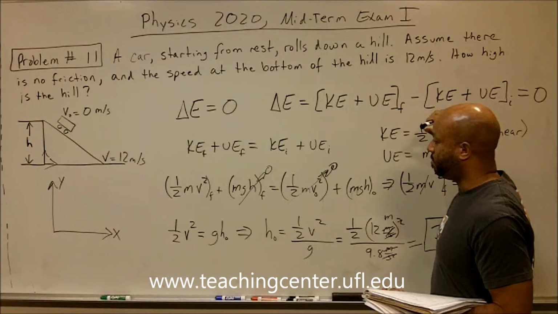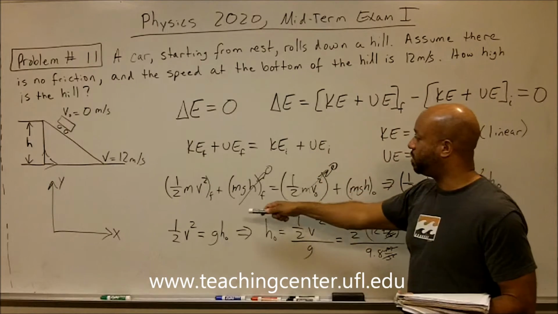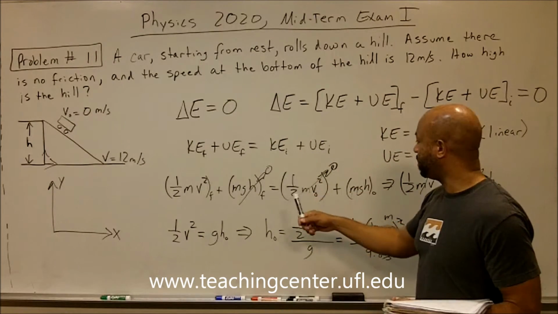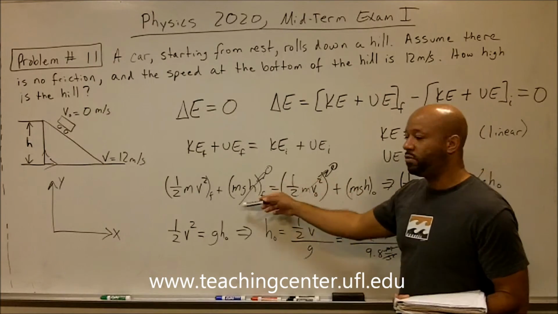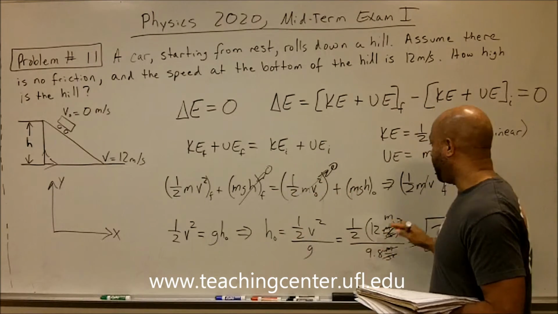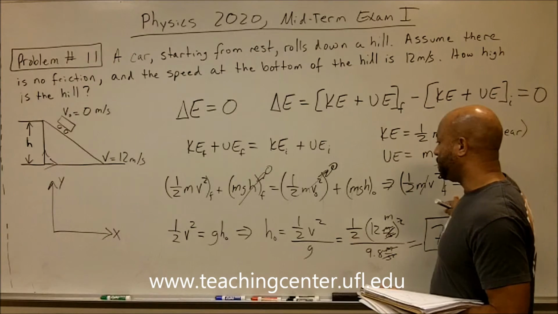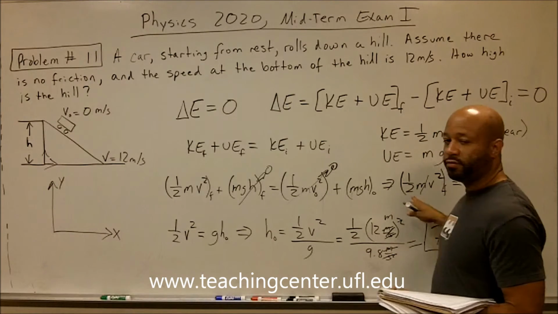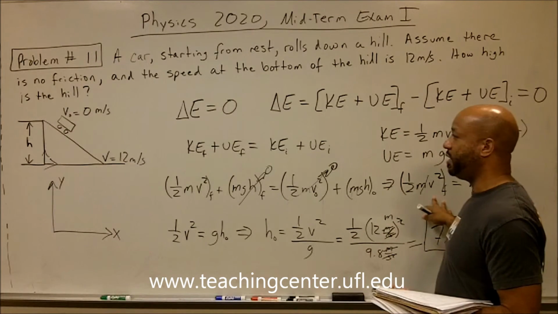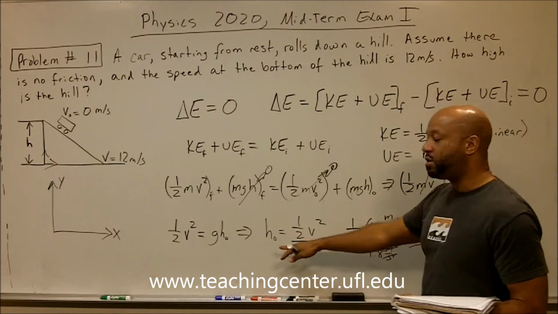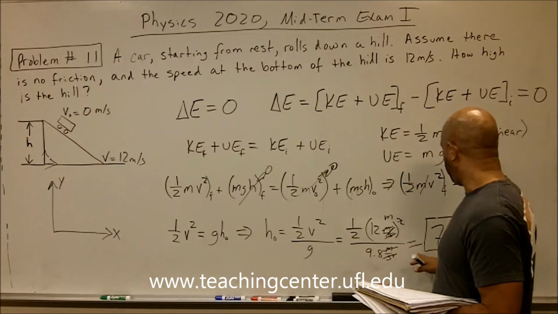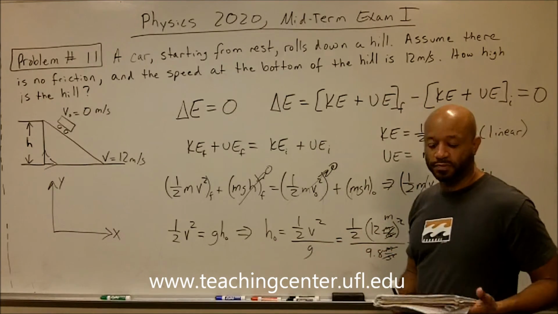And because the initial velocity was 0, we canceled out this term. And the final height was 0, so we were able to cancel out this term. That simplified our equation, which basically confirmed the fact that all of the potential energy was converted to kinetic energy. And then we solve for the height, and we've got an answer of 7.3 meters.